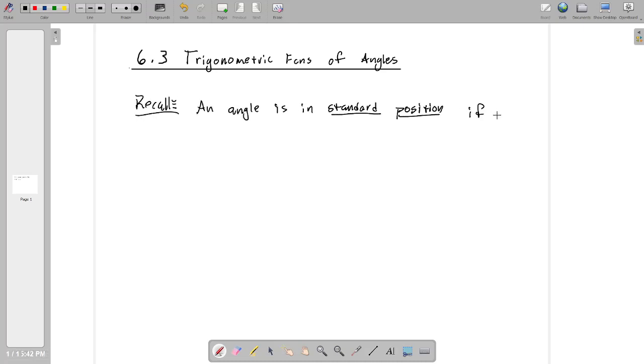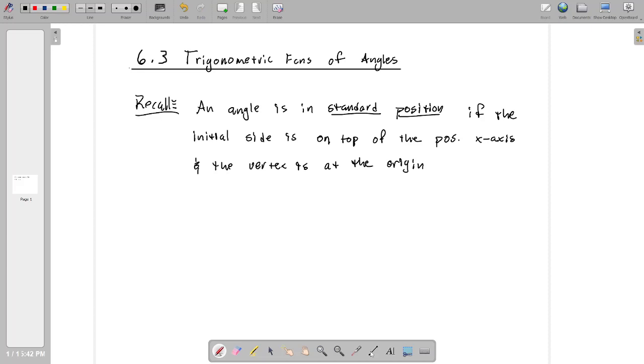An angle is in standard position if the initial side is on top of the positive x-axis and the vertex is at the origin. Let me go ahead and show you exactly what I mean, in case you've forgotten. Suppose that we have this angle here. Then we can create a triangle, giving us a y value here, an x value here, and this point would be P(x, y).